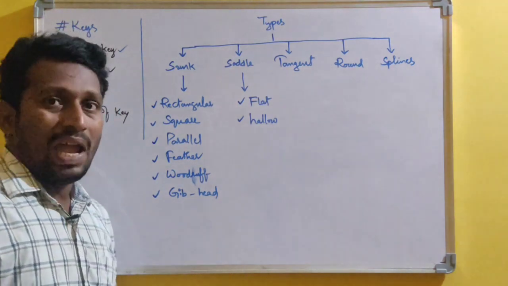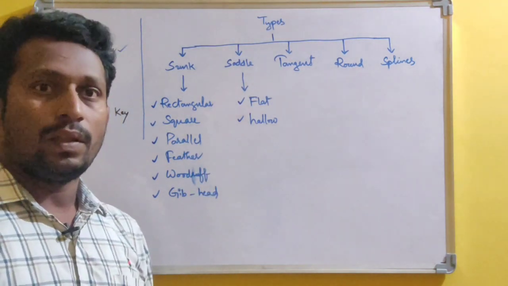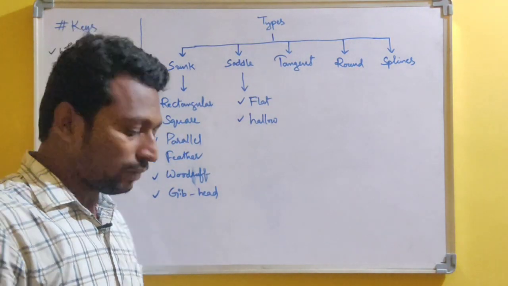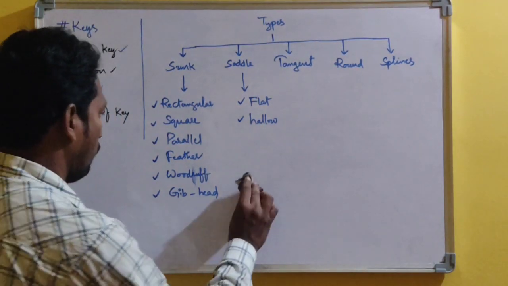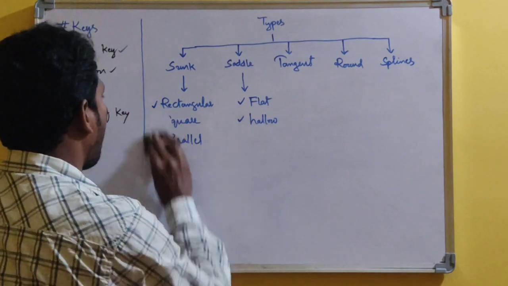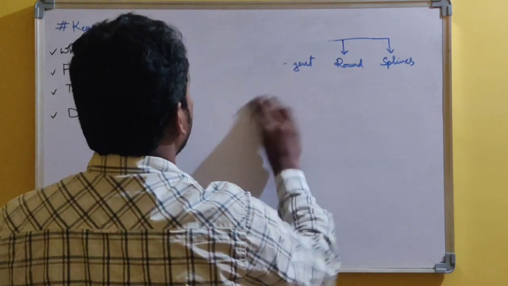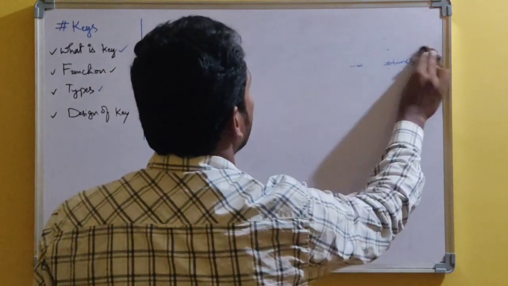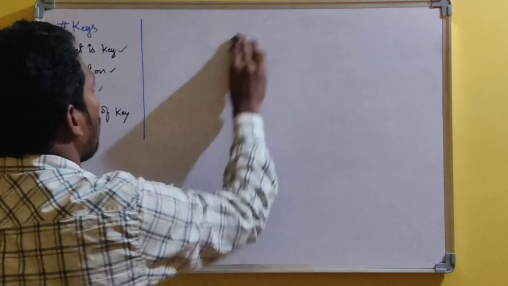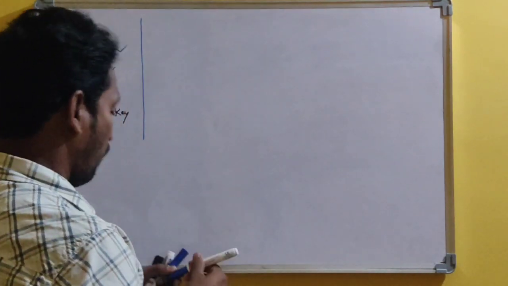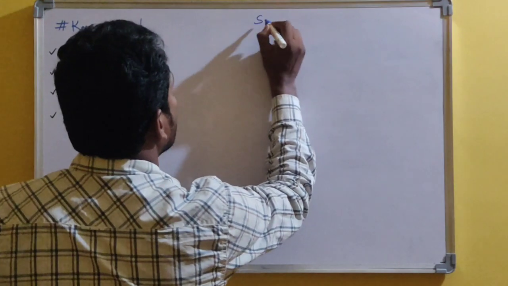Now I will show you each individually, with a clear explanation and a neat sketch. The first one is sunk keys.